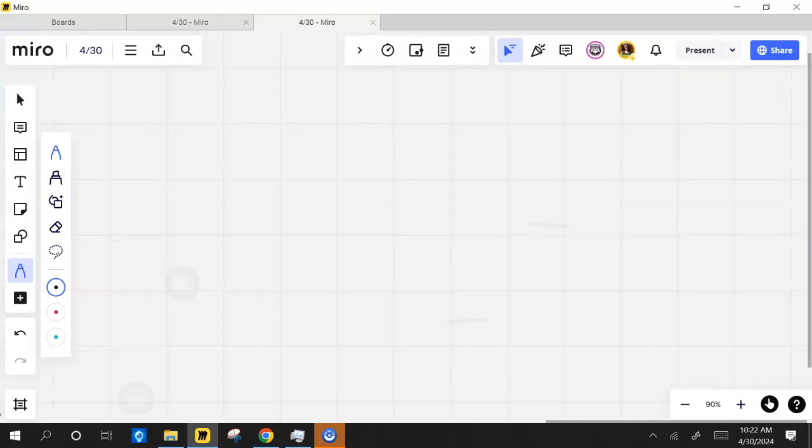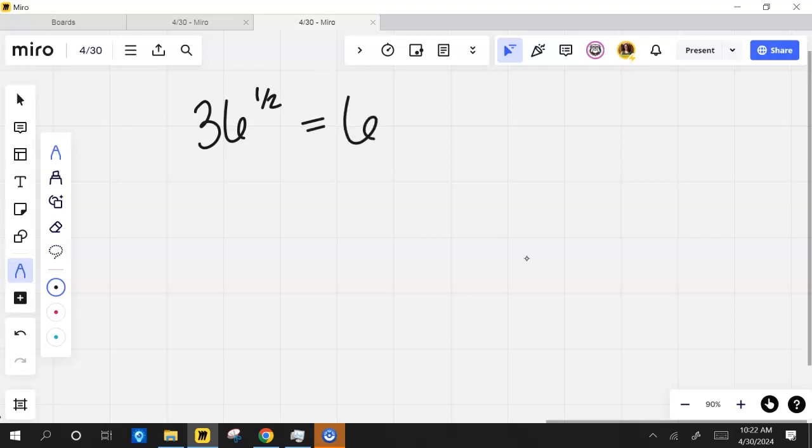Let's try some going the other way. Is that true or false? What's an exponent of 1/2 mean? Think sunshine. Sunshine. No, sunshine. Are y'all done?